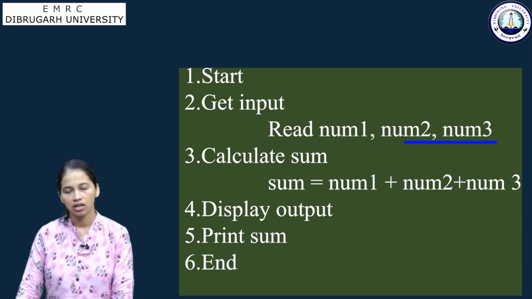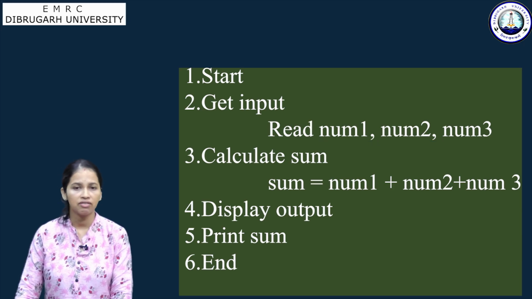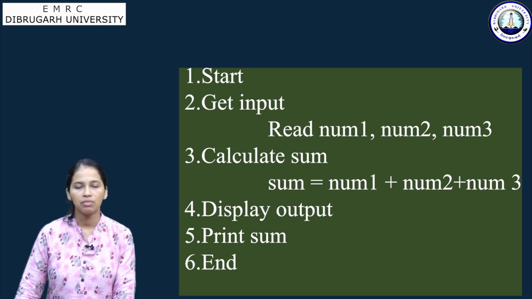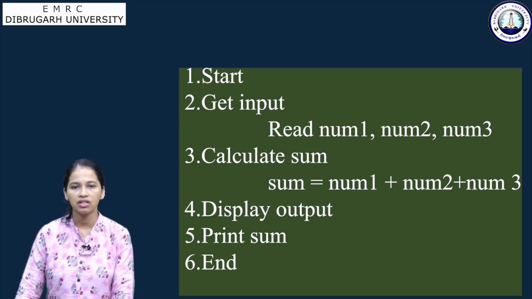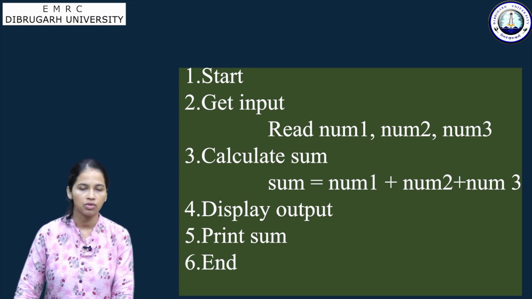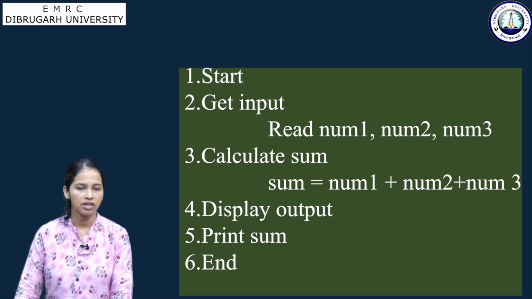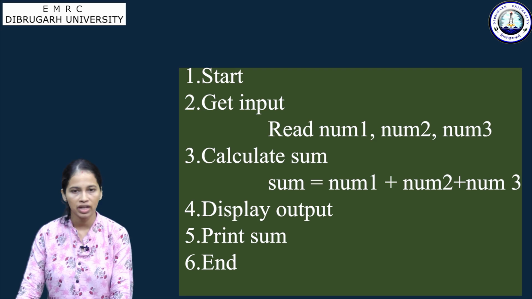Somebody can write input A, B, C, or somebody can write read the value of the variables num1, num2, num3. There is no restriction, simply we should be able to understand the different instructions in the algorithm.